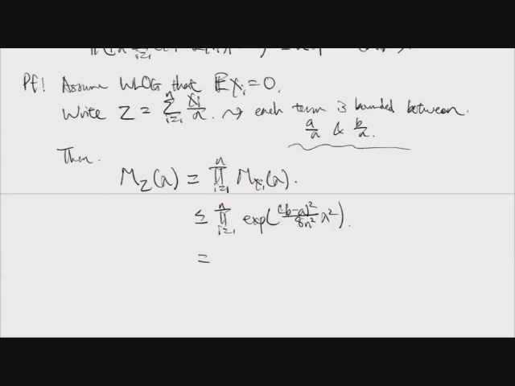Now I can put them together and keep going. Each term is exactly the same, so there's no index i on the inside. This means that it's a product of n copies of the same thing, which is the same as one copy raised to the nth power. The n in the exponent is going to cancel with the n squared in the denominator, and so I just get this.